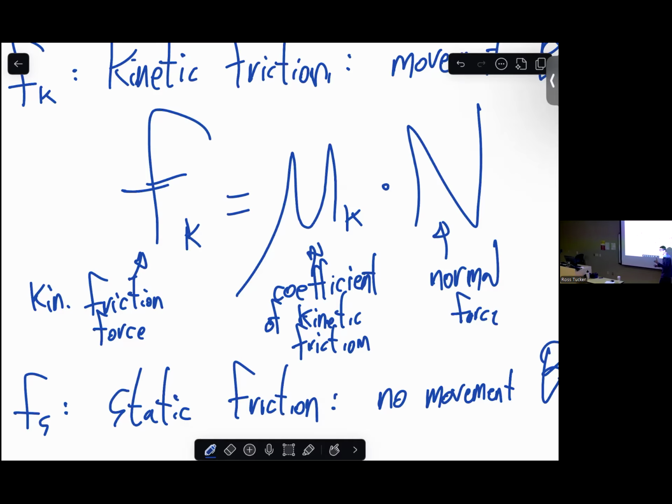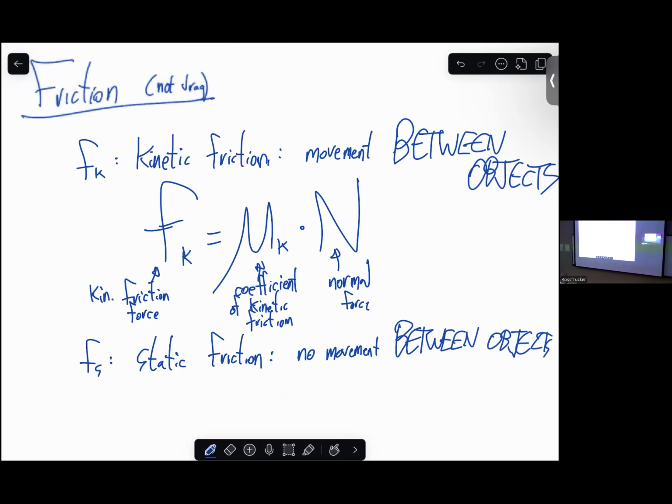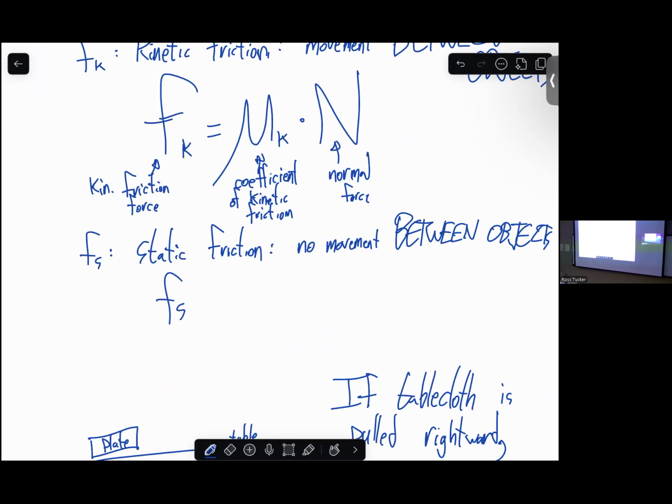Now, there is also a coefficient of static friction, but, and this is a big but, mu s times N is not how much static friction there is in any given situation. There is something tabulated, mu s, the coefficient of static friction. You can look it up, but mu s times normal does not tell you what the static friction force is at any given time.